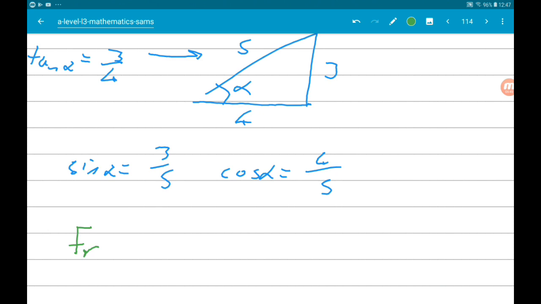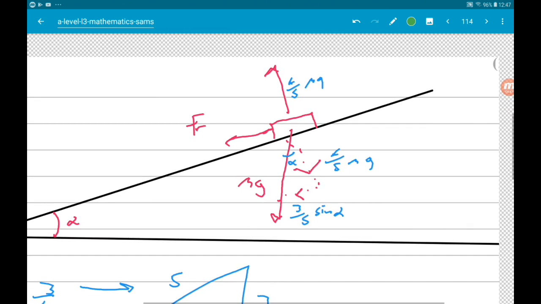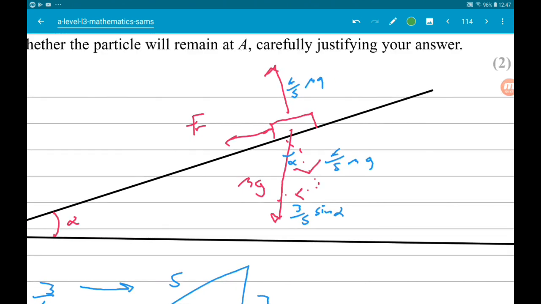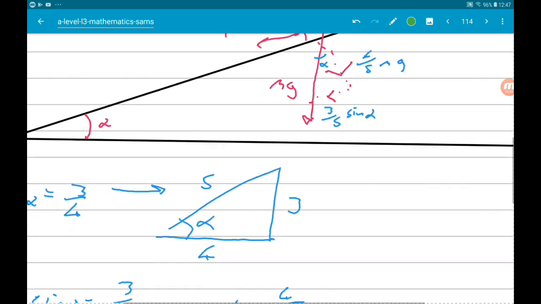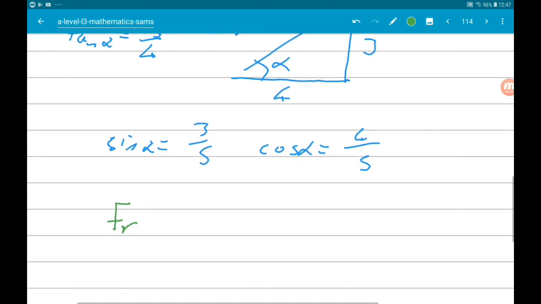So we know the reaction force now is 4/5 mg, so that's mu times 4/5 mg.